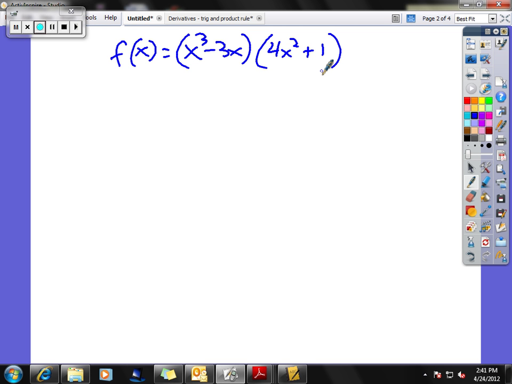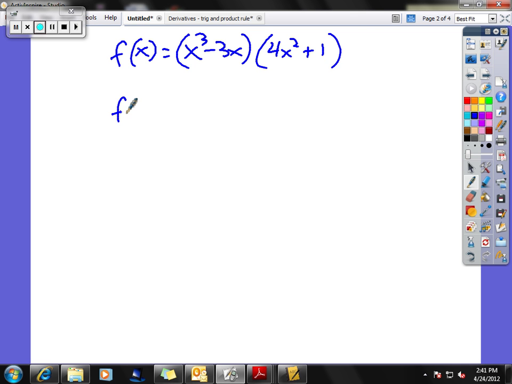Now if you have something like this, there are two ways you could do this derivative. You could FOIL it out first, and then you have just a polynomial, which makes it pretty easy because that's all separate terms. Or you could do a product rule on it. I would actually usually recommend that you FOIL first on these kinds of problems, but just for example, I'm going to do a product rule on this.